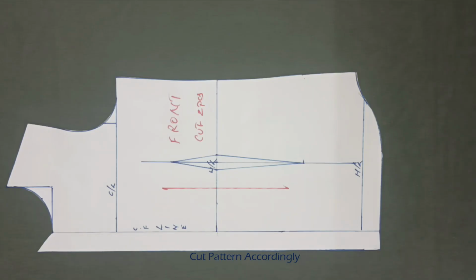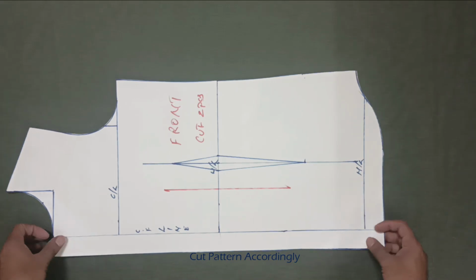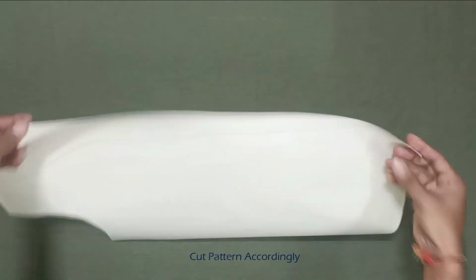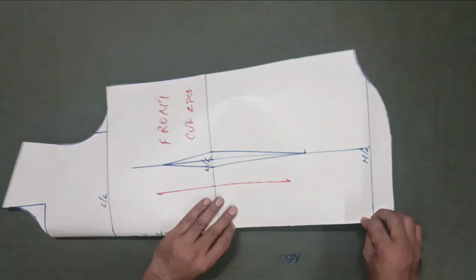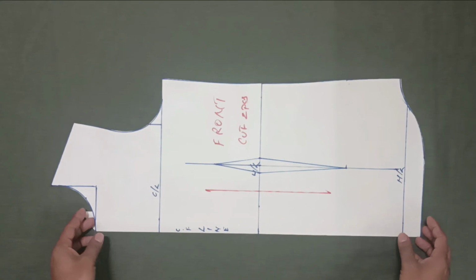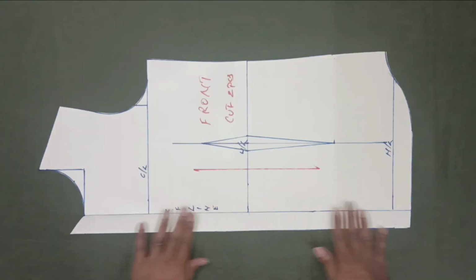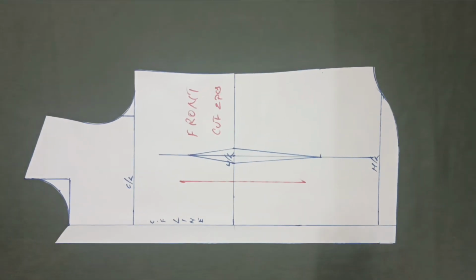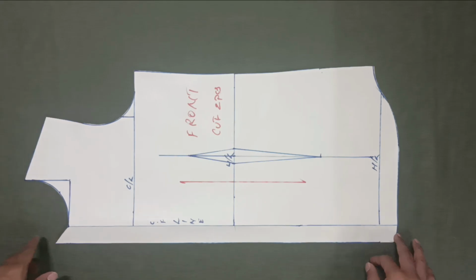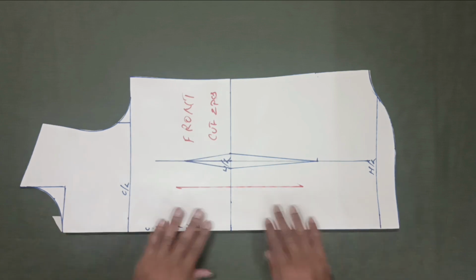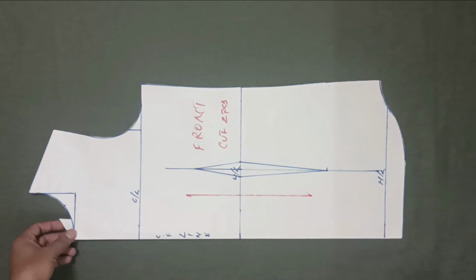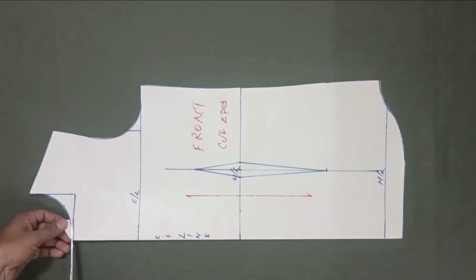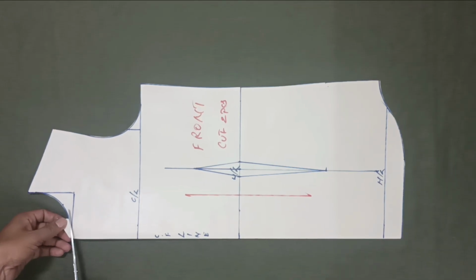This is how it looks after cutting the front pattern. Before you trace, fold this placket line inside, and we can cut this shape as well.